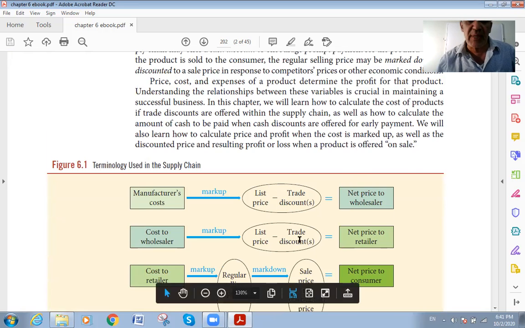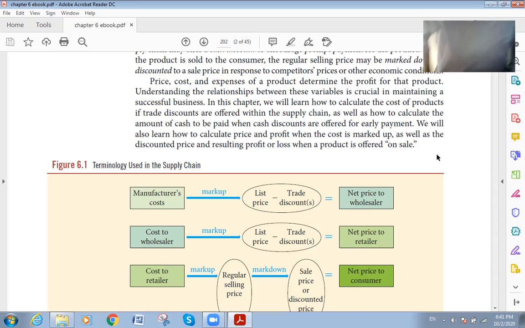This is rule number one which I want you to know: net price equals list price minus discount.